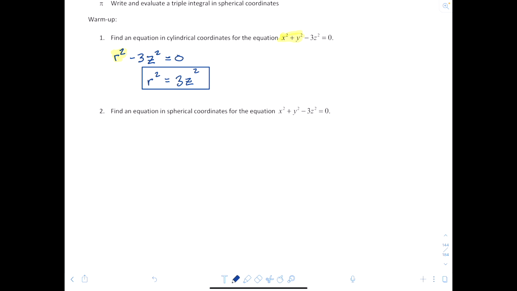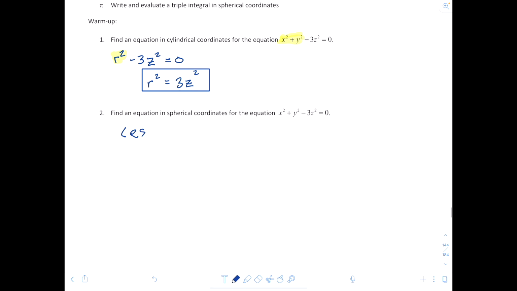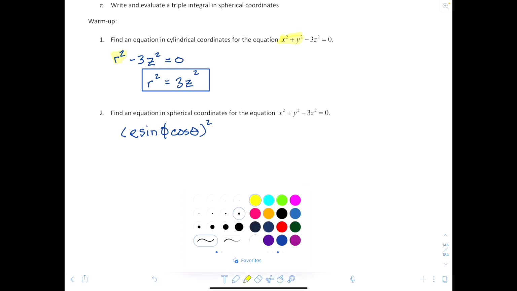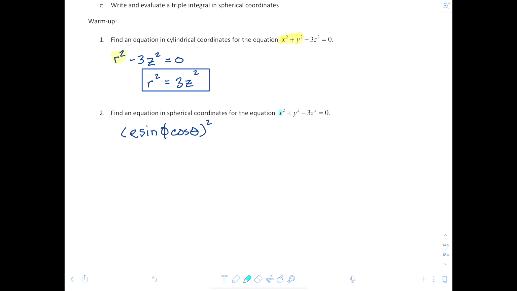So recall that x is equal to rho sine phi cosine theta, and that's going to be squared. So for our x, we get this here.